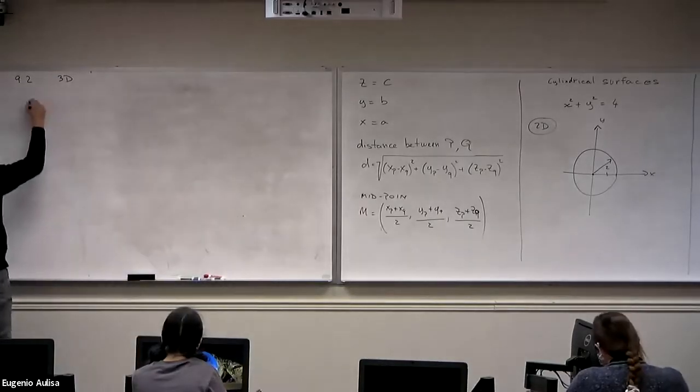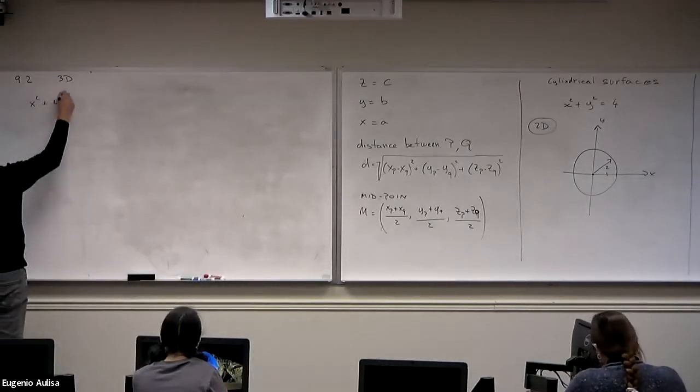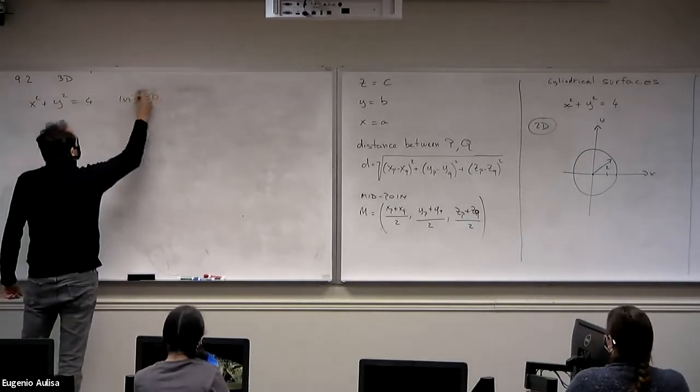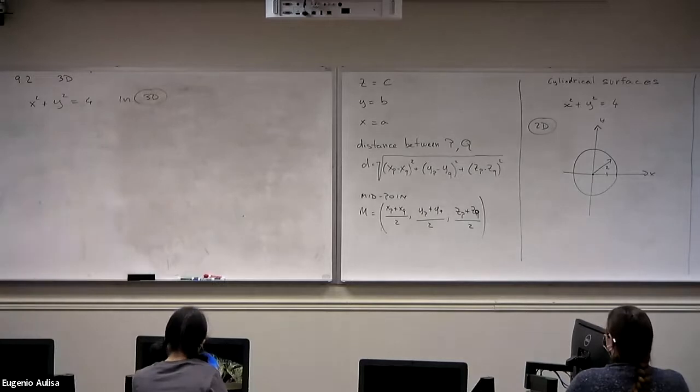So x squared plus y squared equals 4 in 3D. Now think that this is the set of all the points x, y, z in 3D space that satisfy this equation.